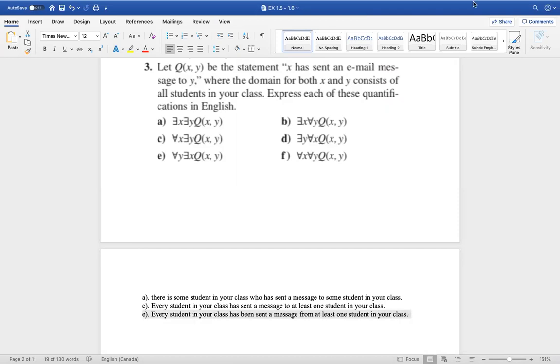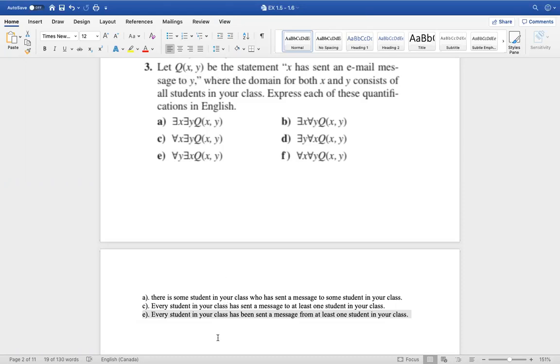Okay, I understand now. Miss, I didn't get the example. Basically, we just reverse the order. It's not something really big. Here we have X who sent an email message to Y, which is represented by the statement C, right? So X sends a message to Y. But now because we have switched their order, we also switch how it's interpreted in English.